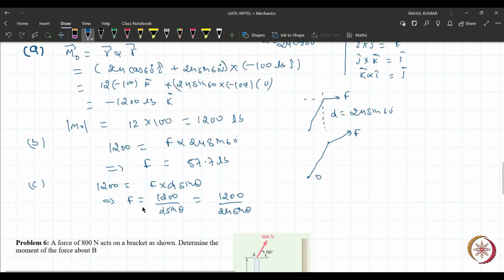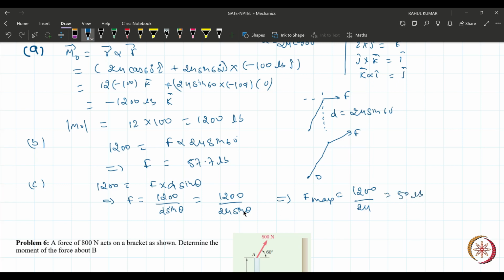When sin theta is 1, the denominator will be maximum, and the maximum value of the denominator will be 24, because sin theta becomes 1. So the minimum F will be 1200 divided by 24.